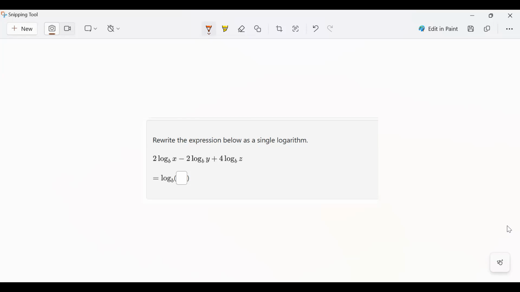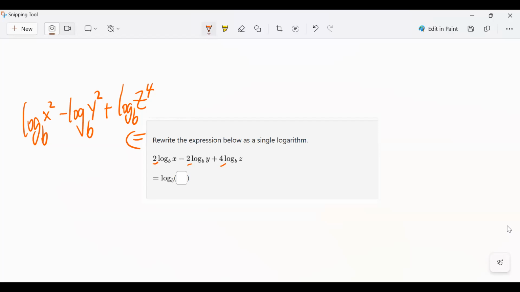Okay, let's go over the solution here. So first of all, we put back all the coefficients. So that gives us log e of x squared minus log e of y squared plus log e of z to the fourth.